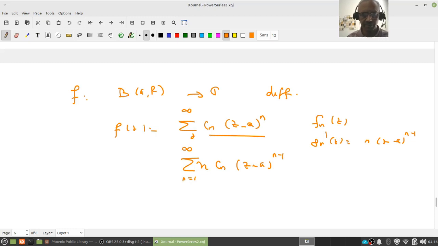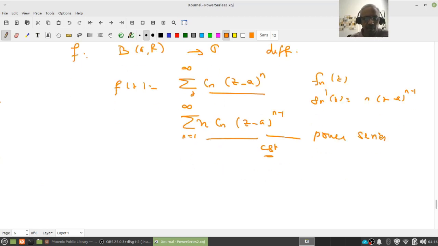Now what I want to show is that this series is convergent. Notice that this is again a power series. Once it is convergent, the next thing I want to show is that it defines a function g. Suppose it is convergent on B_a(r), and call its sum g(z).